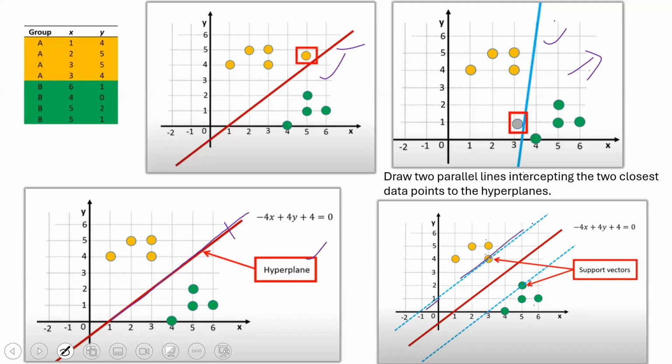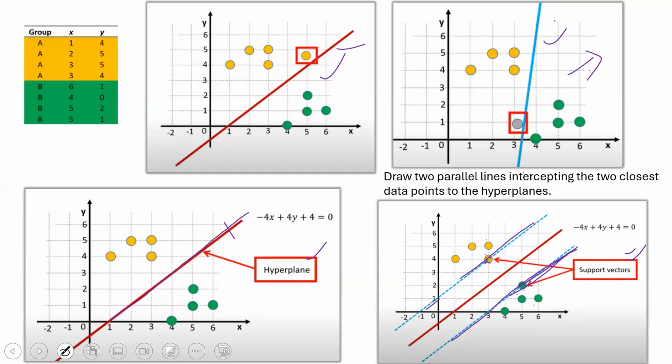Those points which are close to each other, through which we are drawing the parallel lines, are called support vectors. Support vectors are nothing but the closest points in the data set given to us, and through those two points we draw the parallel lines.